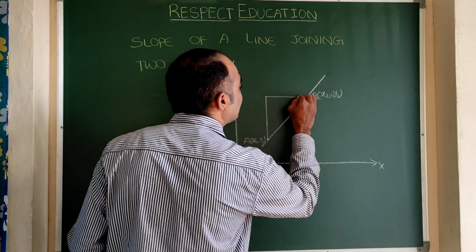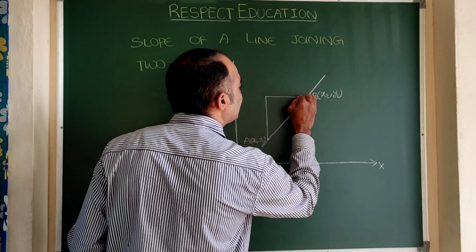Now the thing is that here the cat started from A, reached the point C, and then moved from C to B. If you extend this line, it makes an angle with the positive x-axis.